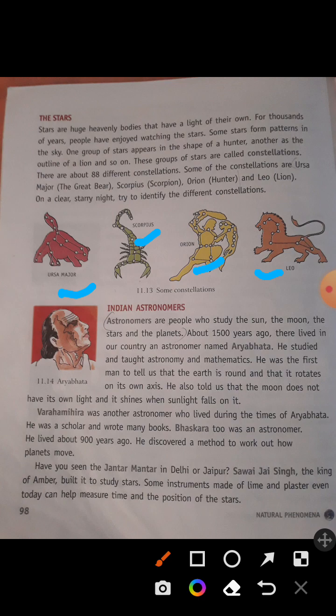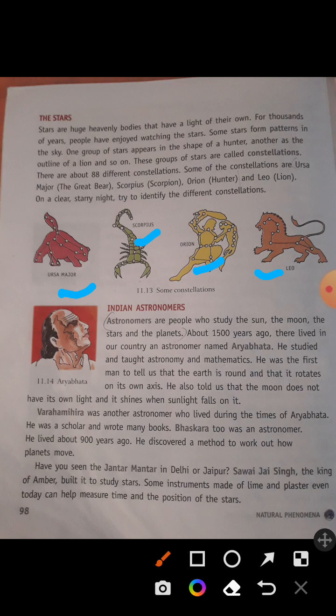So, my dear students, Aryabhat is a famous astronomer as well as a mathematician. He was the first man to tell us that Earth is round and that it rotates on its own axis.